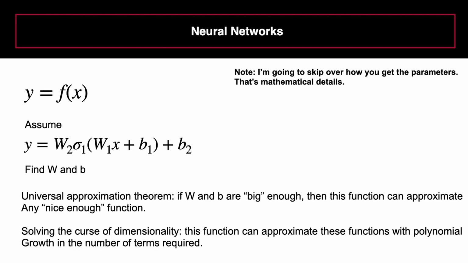But wait, polynomials can do that. So why do we care about neural networks specifically and not just use polynomials for everything? Well, the reason is that this solves the curse of dimensionality. What we mean by the curse of dimensionality is that as the number of inputs grows, the number of terms required to match a function grows polynomially, not exponentially.